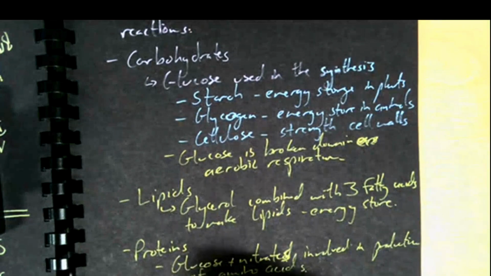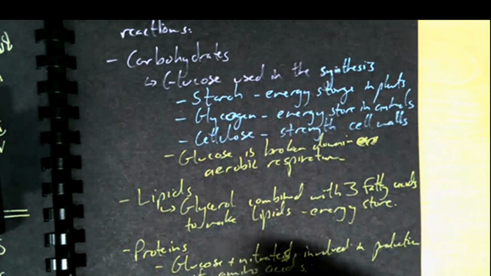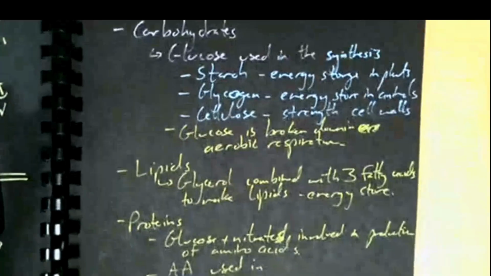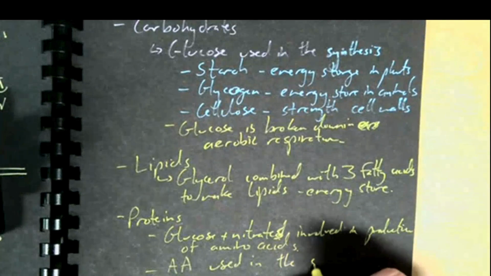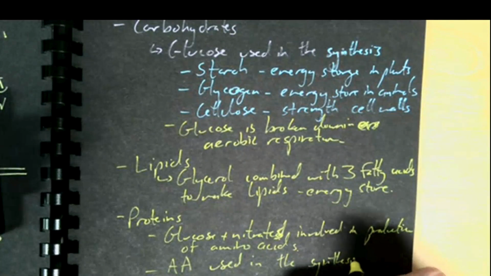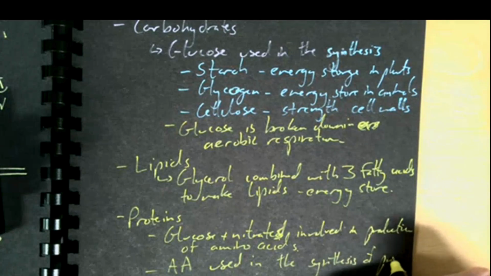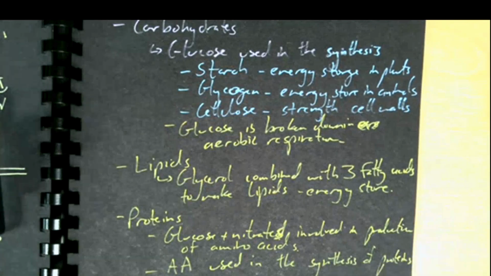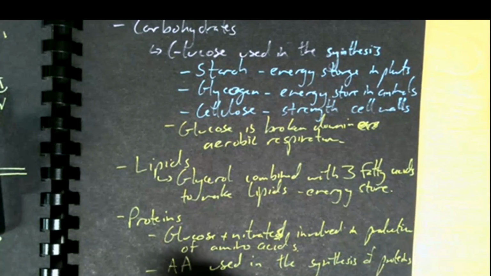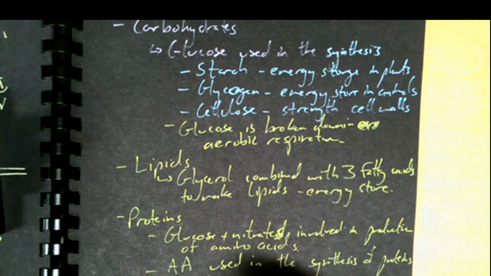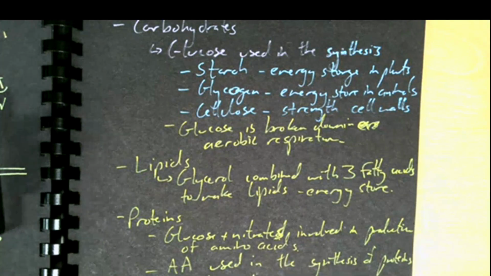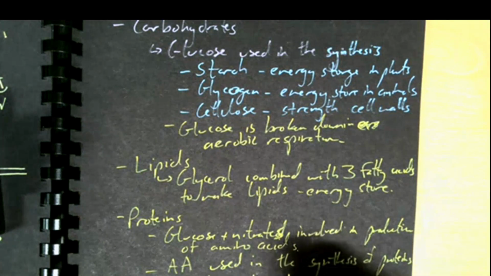Those amino acids are then used in the synthesis of proteins. And then we've just mentioned that excess proteins are broken down to produce urea.